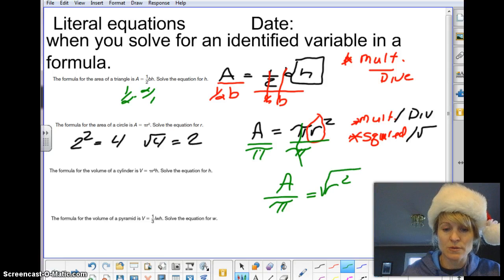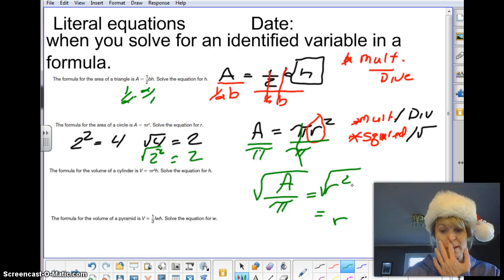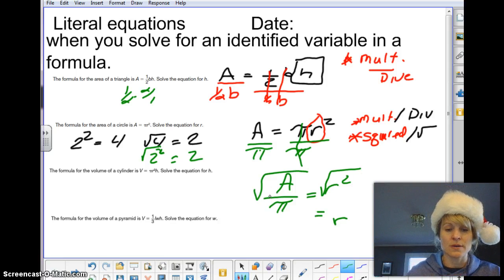So if I square root both sides, I would have r, because when you square root something, I could even write this like this: 2 to the second power, the square root of that is 2. So anything squared, the square root would undo that. And then I can't simplify this side anymore, so it would be A over pi. So the radius equals the square root of A over pi.